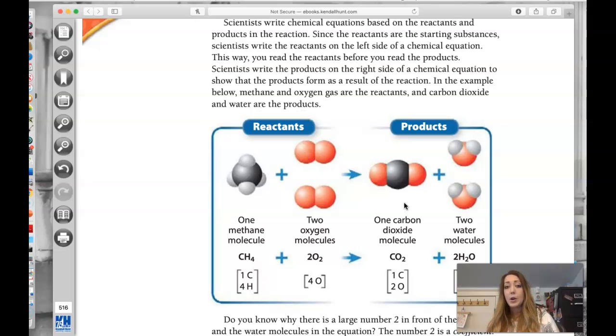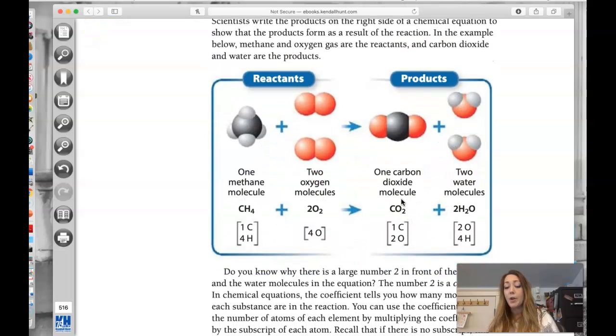Plus, then my arrow shows that carbon dioxide and water are the products. So I've got 2 of my oxygens that decided to grab hold of my carbon to make carbon dioxide, and then I've got water. My hydrogens that were chilling with my methane grabbed onto my other oxygen to make water molecules. So those are my resulting products.